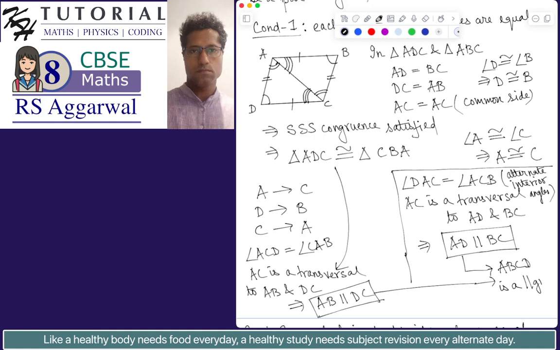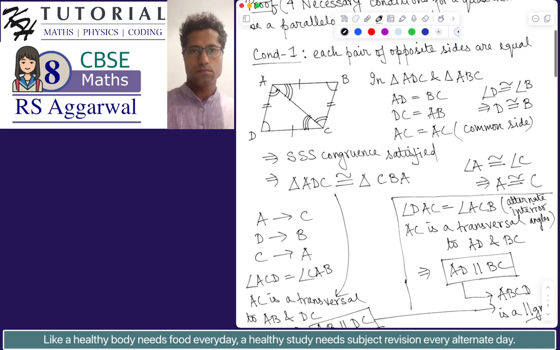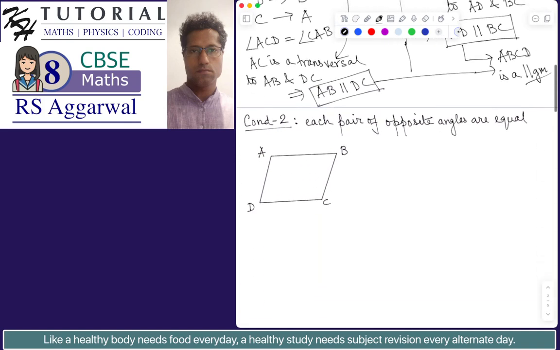This is a shorthand notation for a parallelogram: two parallel lines and a gm means parallelogram. So ABCD is a parallelogram, since we have proved both pairs of opposite sides are parallel. That is the definition of a parallelogram. Okay. Let's see condition 2.